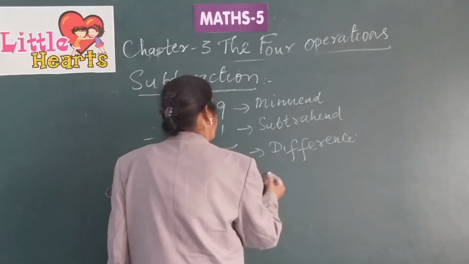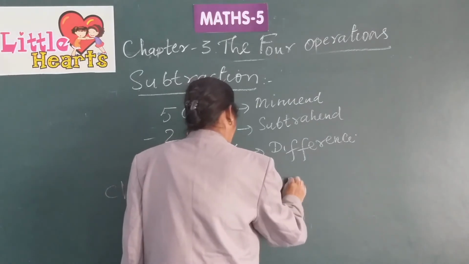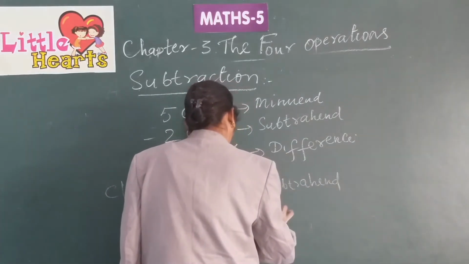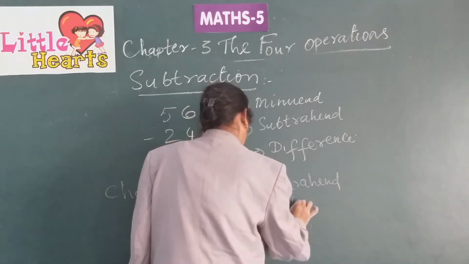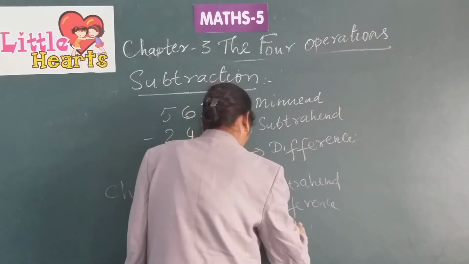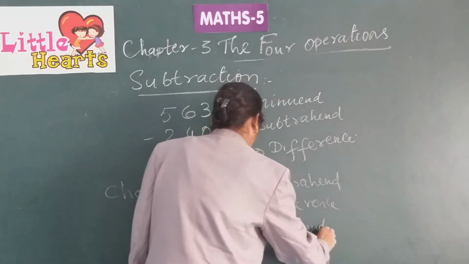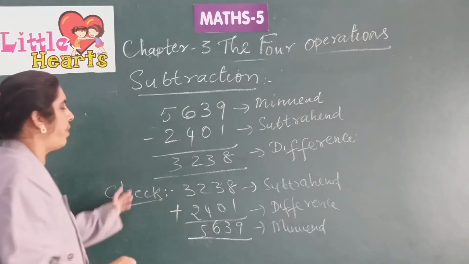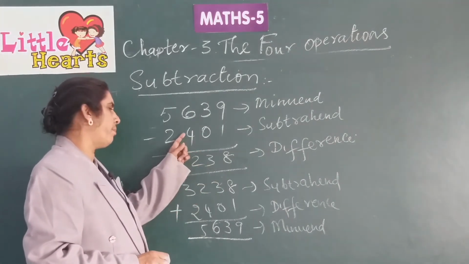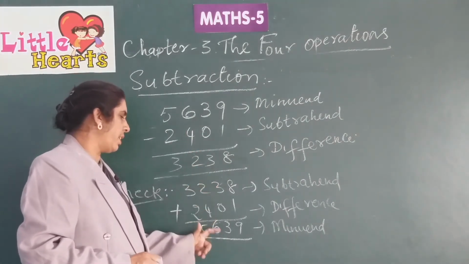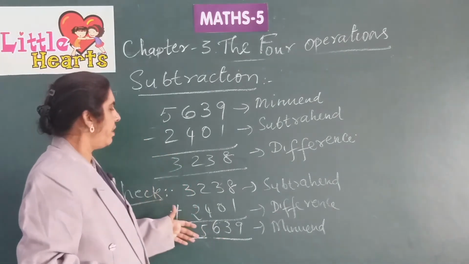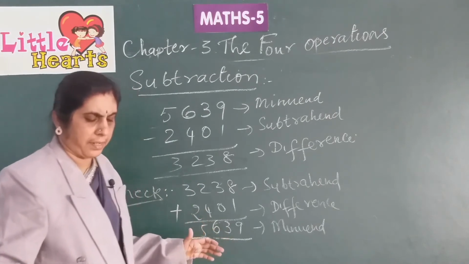Subtrahend, difference, minuend. This is the checking of subtraction or verification of the subtraction. We shall add the difference and the smaller number. Subtrahend plus difference gives you the bigger number. That is, we verify the subtraction in this way.